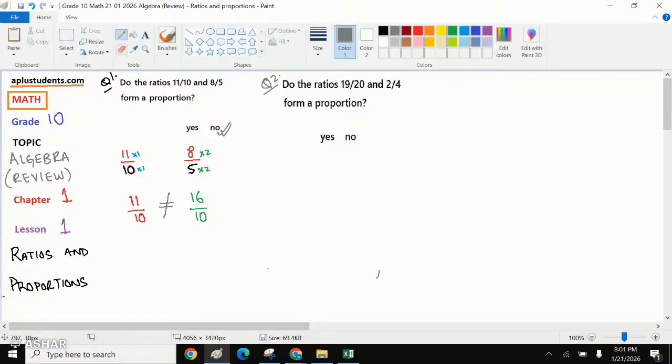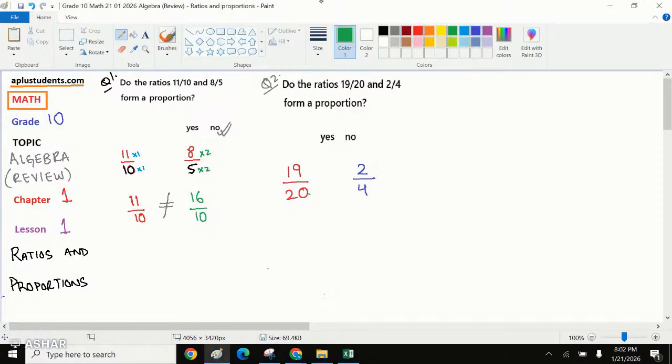Since both fractions have different denominators, we copy the first number, 19 upon 20, and the second number, 2 upon 4. Can we make a common denominator? That would be 20. 20 can be the common denominator.